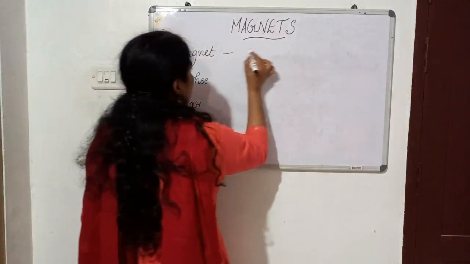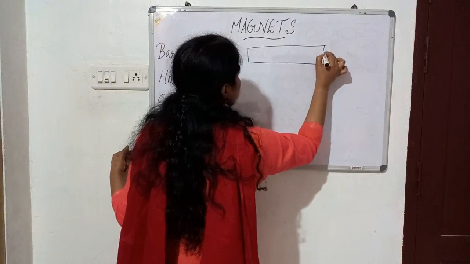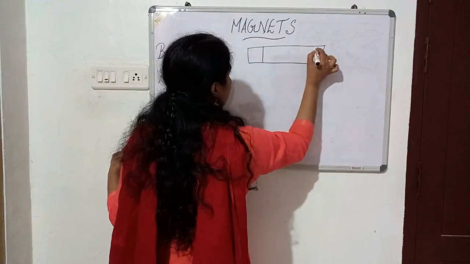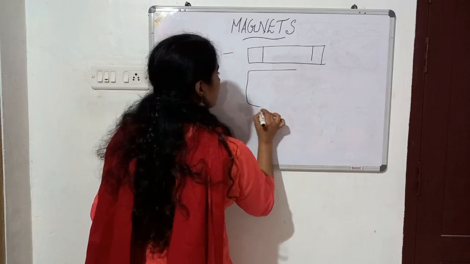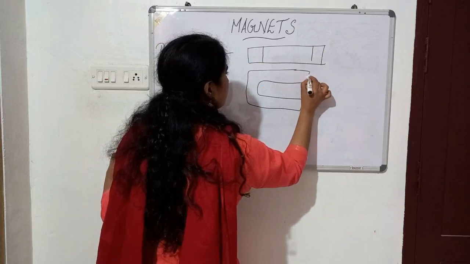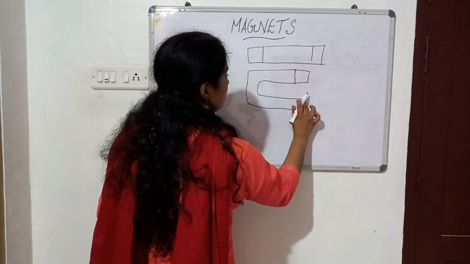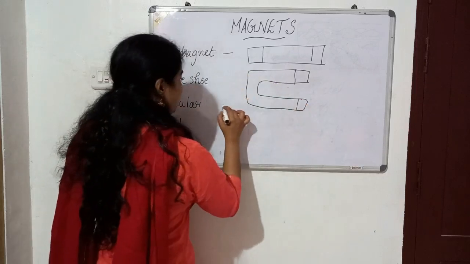Bar magnet, you all know, is the bar magnet. Okay. And horseshoe means what? Horseshoe magnet. Okay.